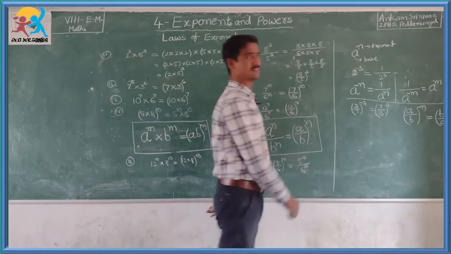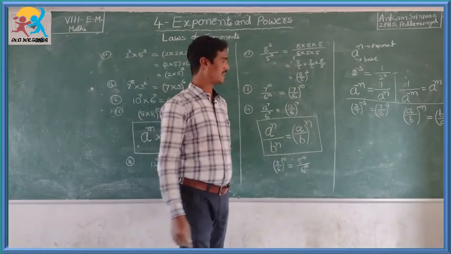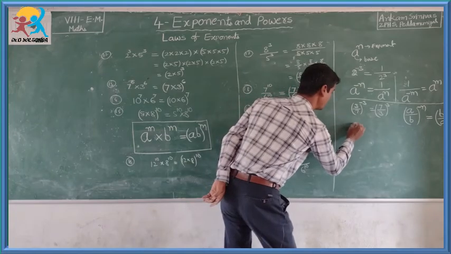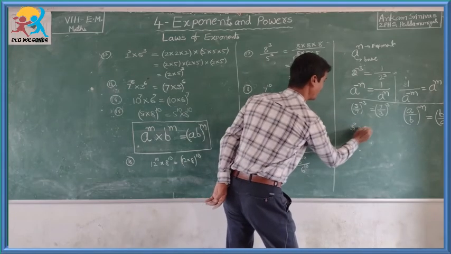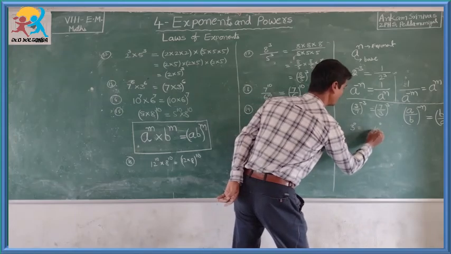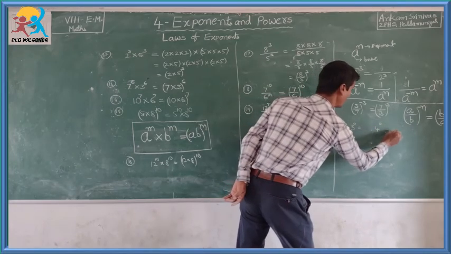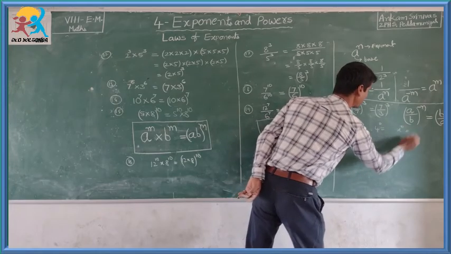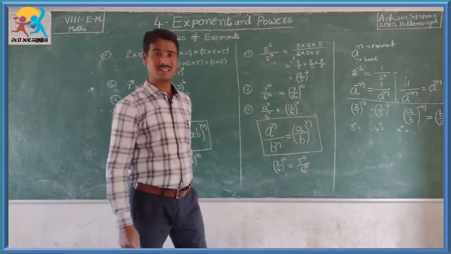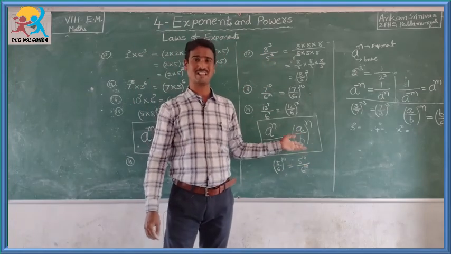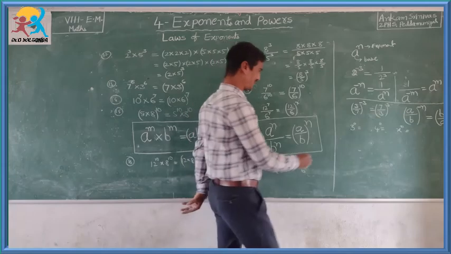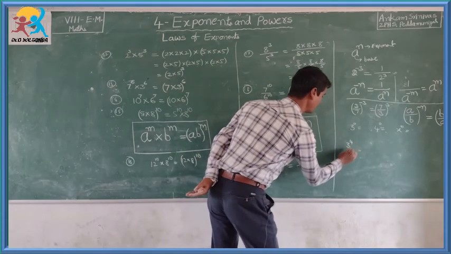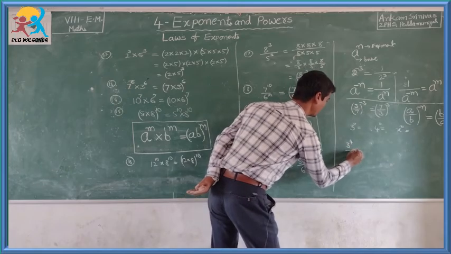Yes or no? Children, let's see what is the value of 3 power 0, or 4 power 0, or x power 0. Can you expect what is the value of 3 power 0? Is it 0 or 1 or 3? Let's see. Now I am going to take 3 power 4 by 3 power 4.